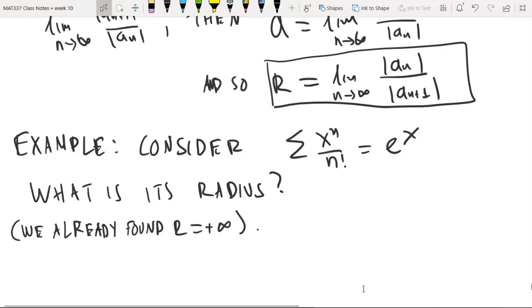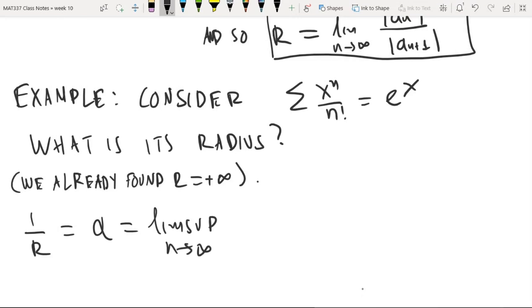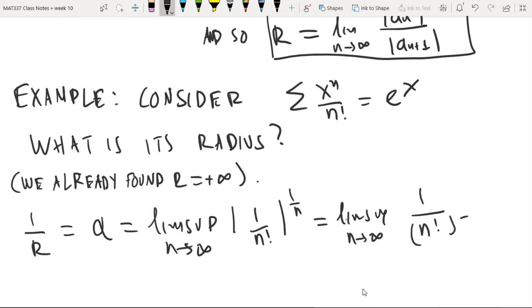But let's do it here using Hadamard. So we have 1 over R is equal to alpha, which is the lim sup of 1 over n factorial to the 1 over n.